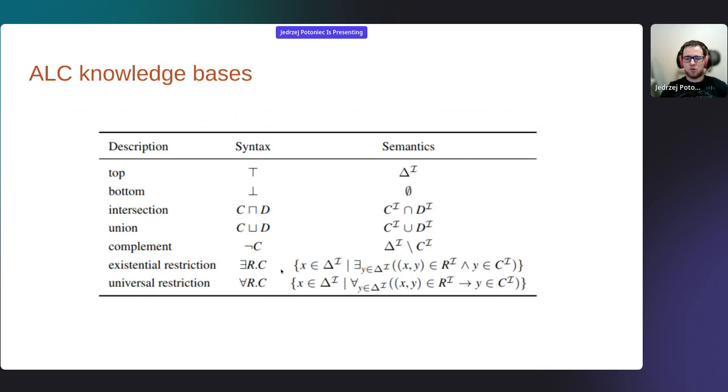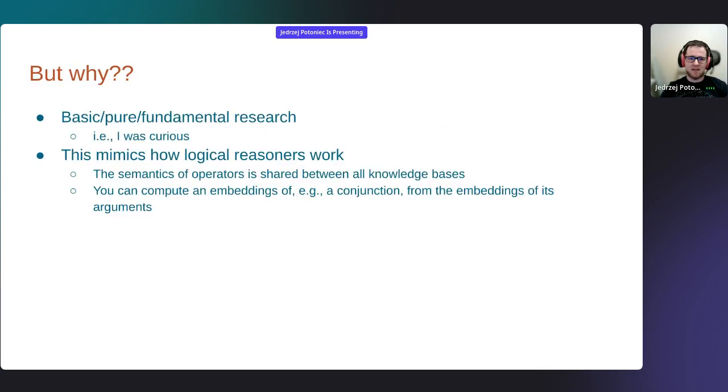And those two correspond to a bit more complicated expressions. I will not go here into the details as they are not of utmost importance for the talk. So there are only a few operators in the ALSC description logic.